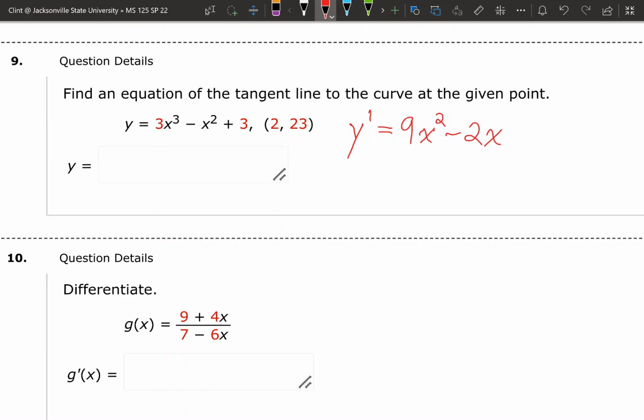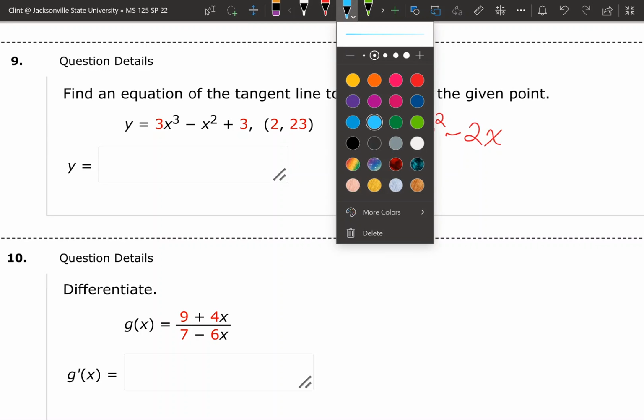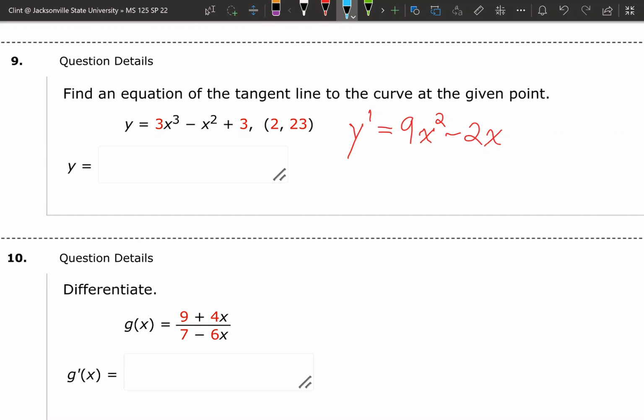So then to find the slope of the tangent line at the point (2, 3), what do we do? Plug in the x value, yeah. So this is our x.